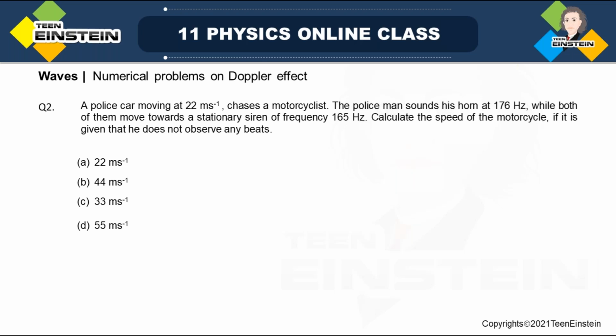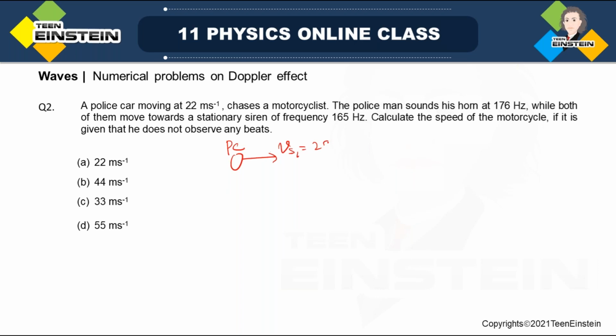So here actually you have to just understand this problem first. So this is a police car, PC. It is moving with a certain velocity. Suppose this is source one actually, because the policeman is sounding a horn.